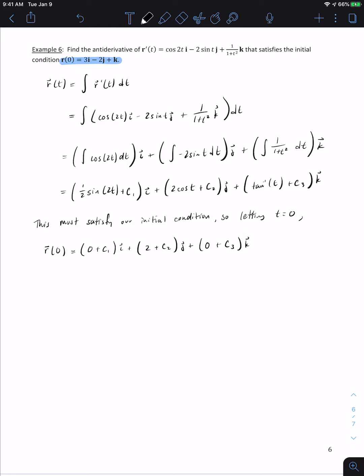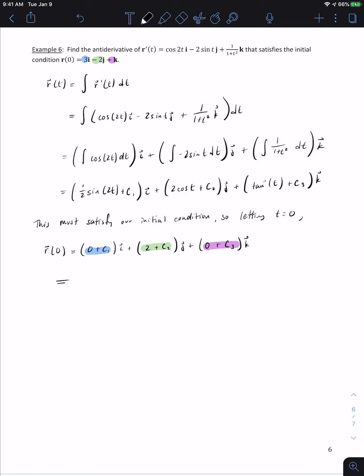And remember, we need each one of these components to be equal to the corresponding component of the initial condition. So this blue has to be equal to this constant, this green has to be equal to this constant, and this purple has to be equal to this constant.